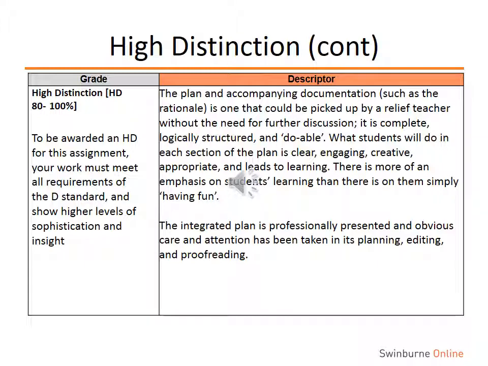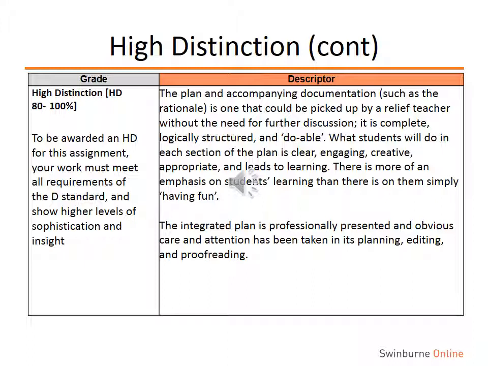If I was a casual relief teacher and I was coming into your classroom, I would be able to pick up the plan and follow it completely. I would be able to know exactly what resources I need and when, and be able to implement your plan through your description.